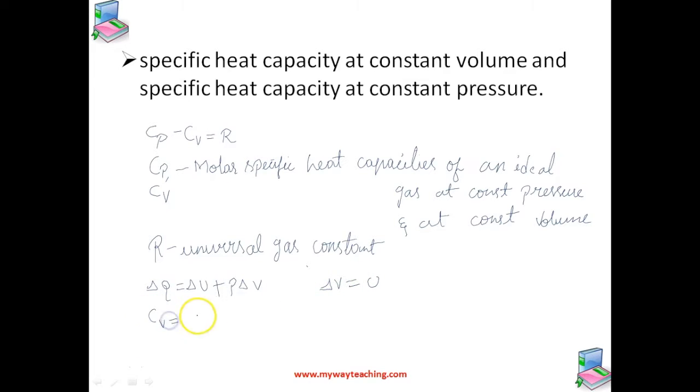So Cv is equal to delta Q by delta T at constant volume, which is equal to delta U by delta T at constant volume. So it is delta U by delta T, where the subscript V is dropped in the last step because internal energy of an ideal gas depends only on temperature.